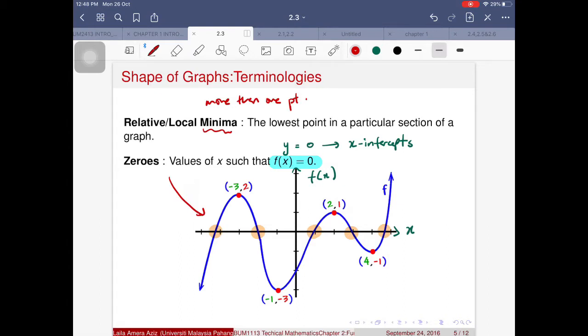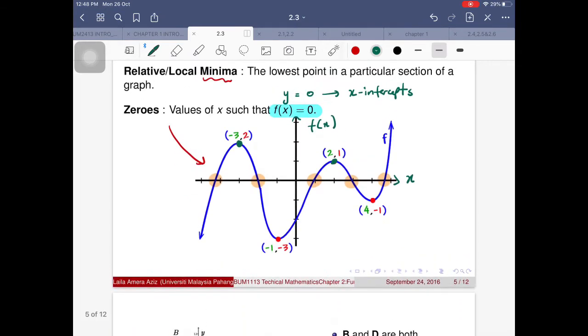Okay, in this case, I have two local or relative maxima. What are my local or relative maxima? They are these 2 points over here: negative 3, 2, and also 2, 1. They are both local maxima because they are turning points, and they are maximum turning points.